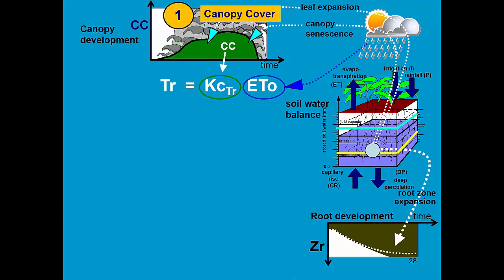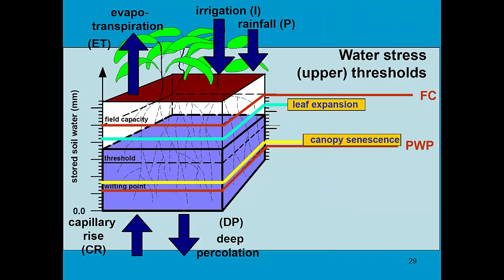However, water stress might close stomata. This is simulated once again by considering the soil-water balance. We have already two thresholds, one with the green line used for simulating leaf expansion, and the one with the yellow line used to simulate canopy senescence. We will add now a third threshold, which is the one for stomatal closure.